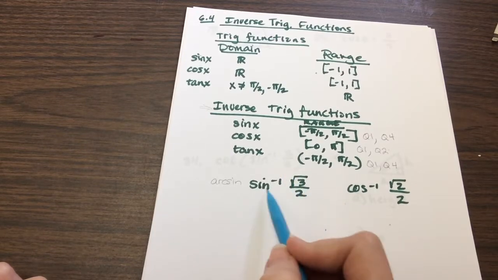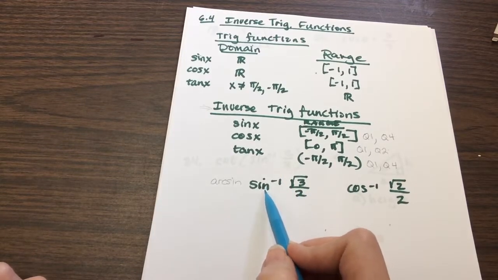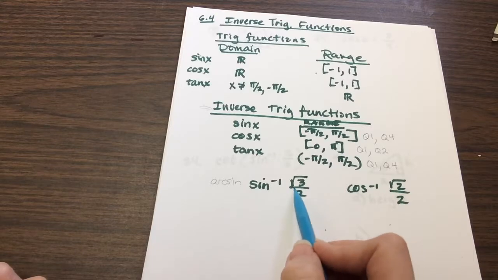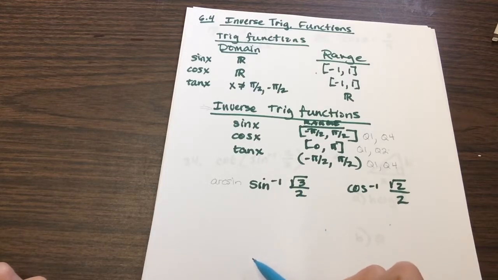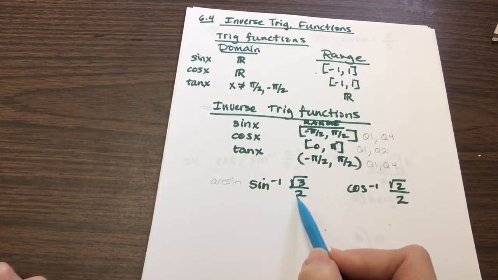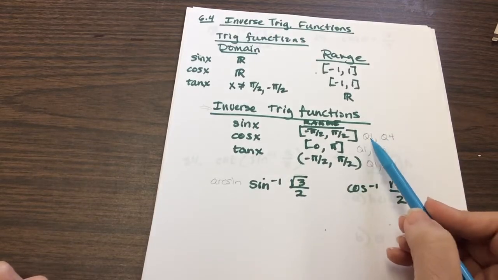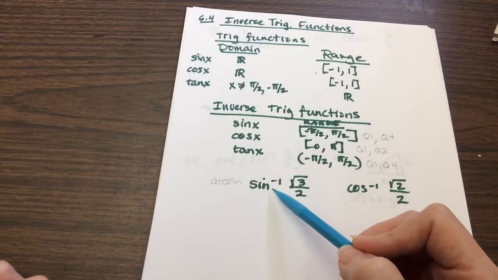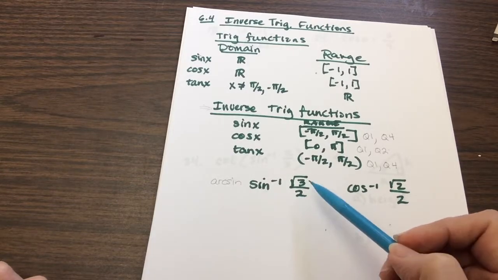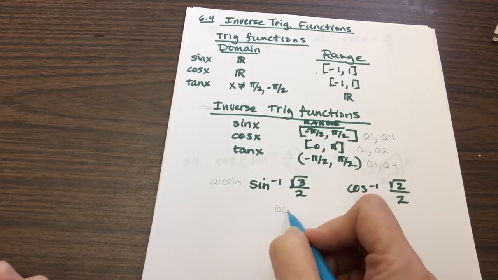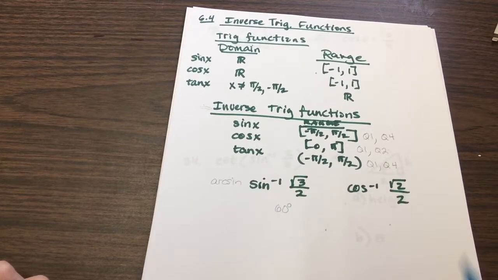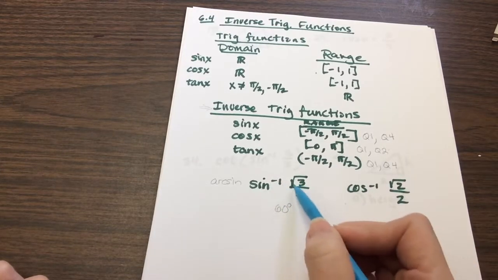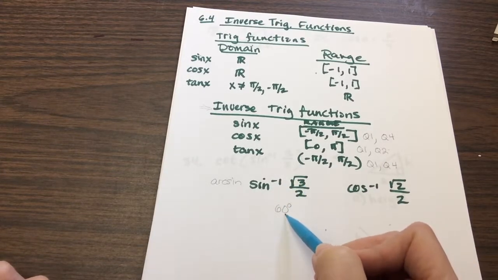So what this is asking me for is the sine of what angle is the square root of 3/2. Well, this exact value is positive, so my angle is going to be coming out of quadrant 1. The sine of what angle is the square root of 3/2? Well, that's 60 degrees. So there's my answer. The inverse sine of the square root of 3/2 is 60 degrees.